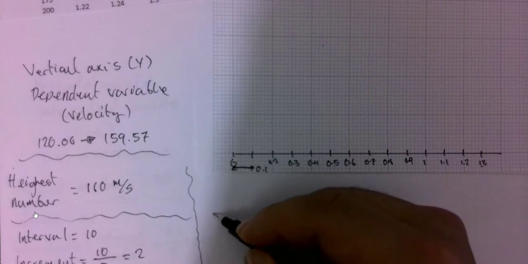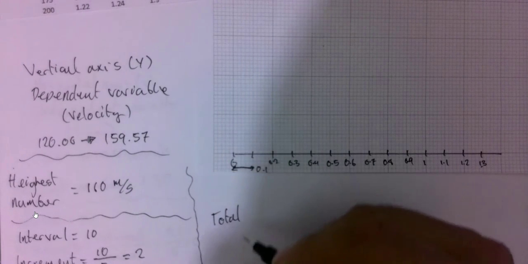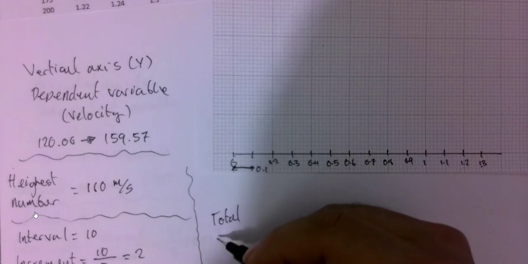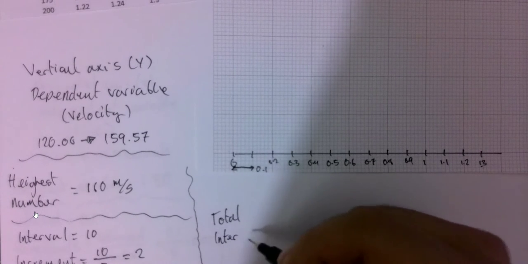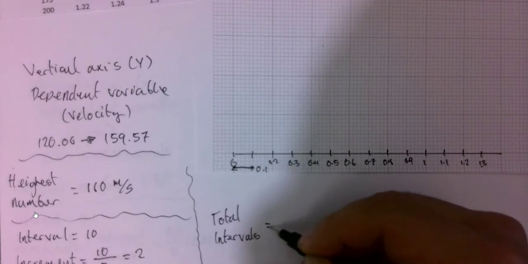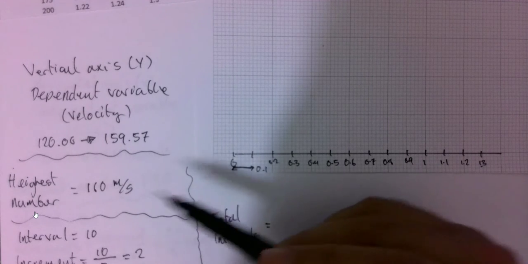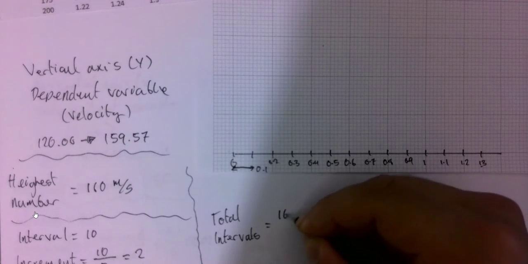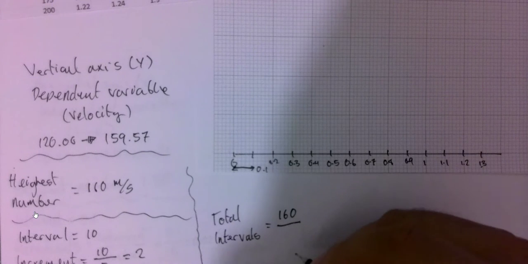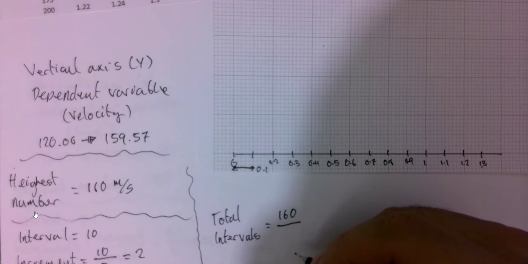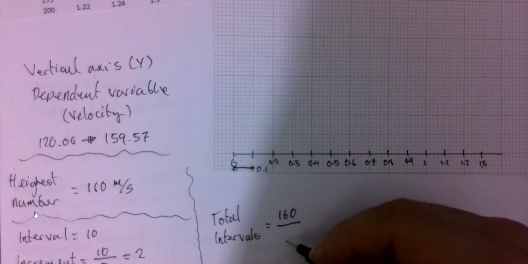Remember, so the total number of intervals is equal to the largest number, which is 160, divided by the interval, which is 10.